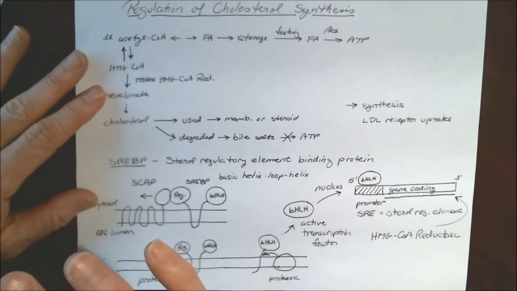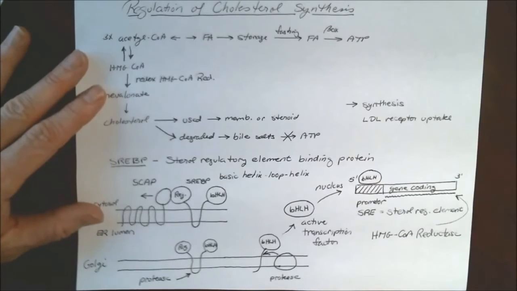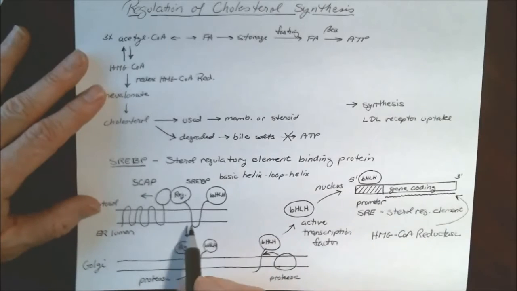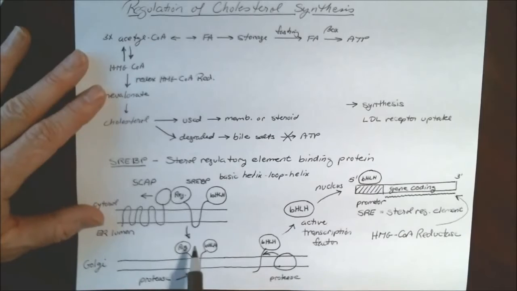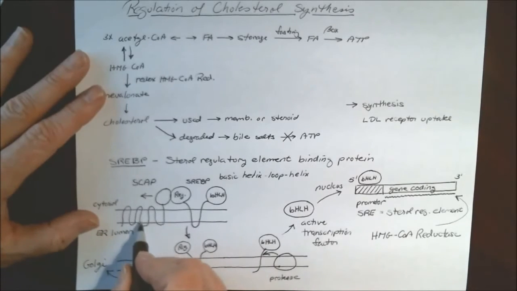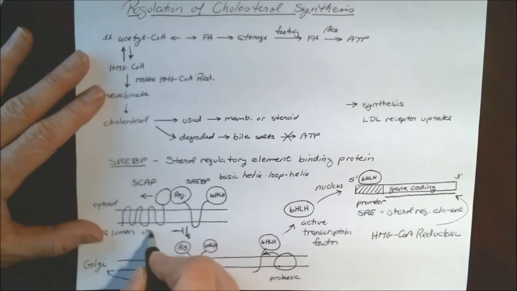Now, how is cholesterol regulated here? Cholesterol regulates itself. So the translocation of the SREBP complex from the endoplasmic reticulum to the Golgi, in order to expose this cleavage site to the protease, which is localized only in the Golgi, this is not found in the endoplasmic reticulum, this movement here is inhibited by cholesterol.